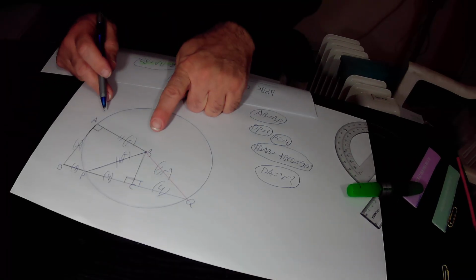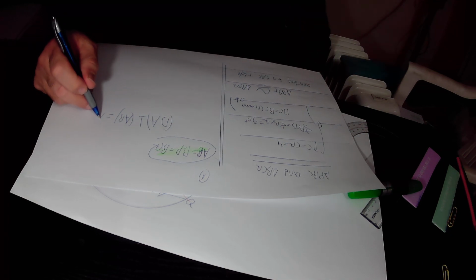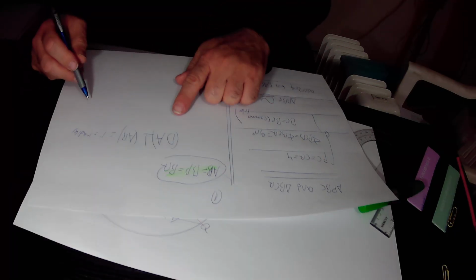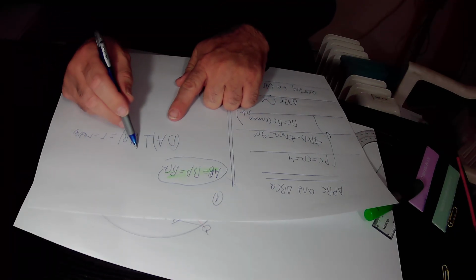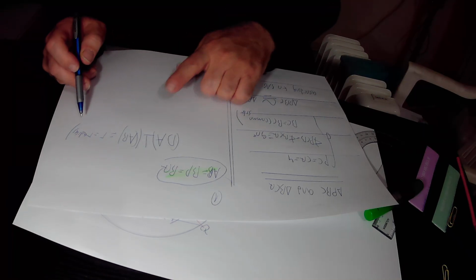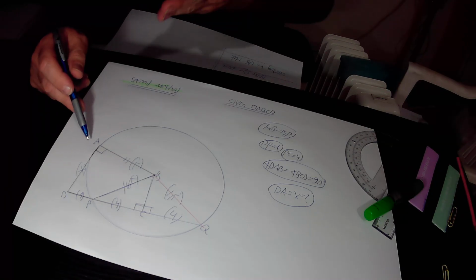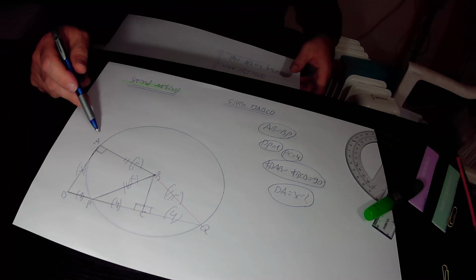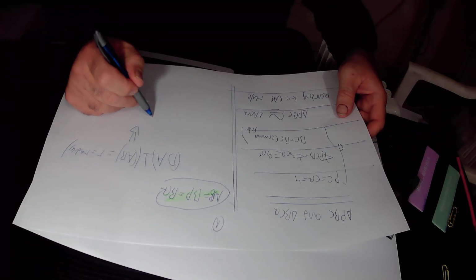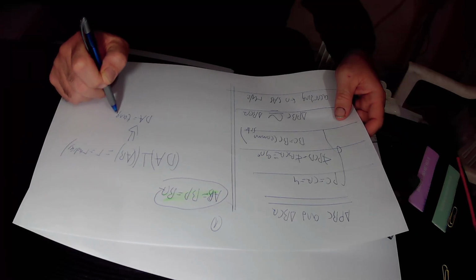But AB is the radius of the circle, that is equal to R. So from this, we derive that DA is perpendicular to the radius AB, and therefore DA is a tangent to this circle at point A.